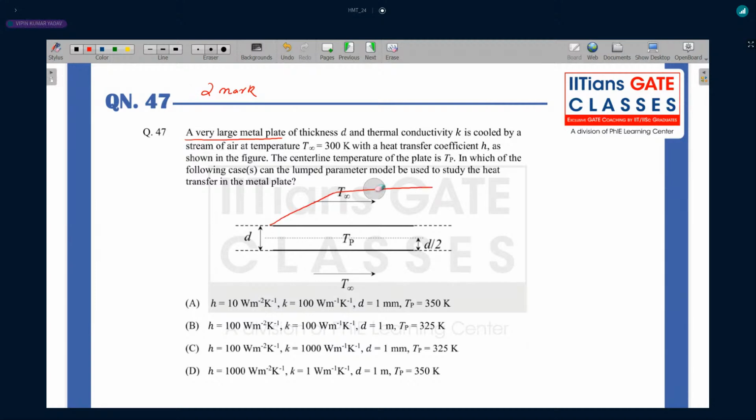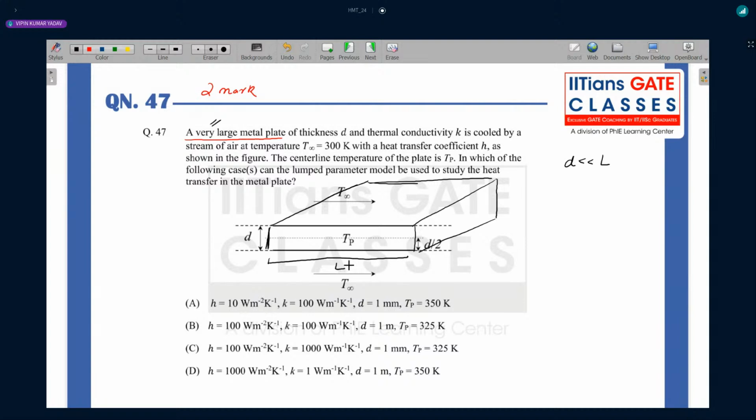This plate is like this, and its thickness is D. When they say very large metal plate, that means the thickness D is very, very small compared to the length.